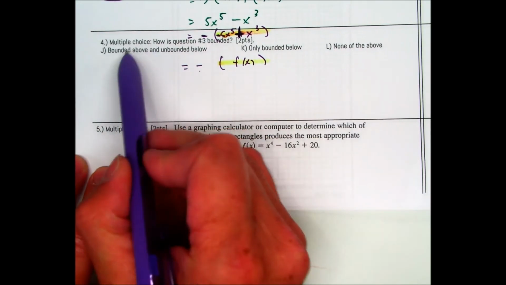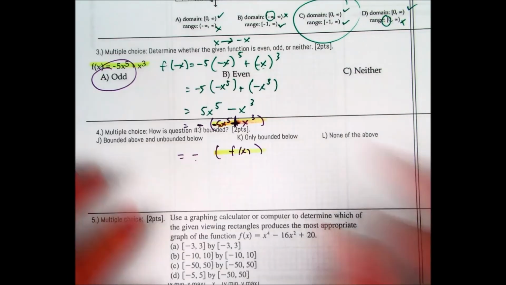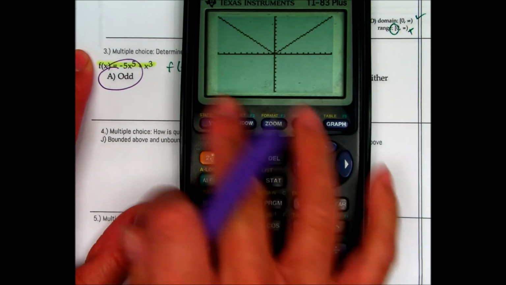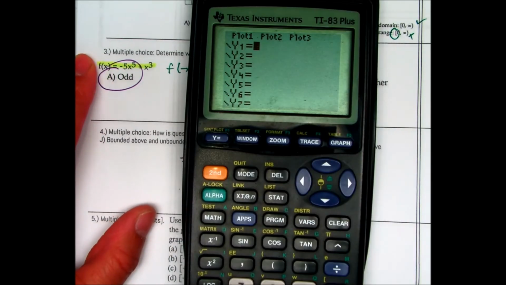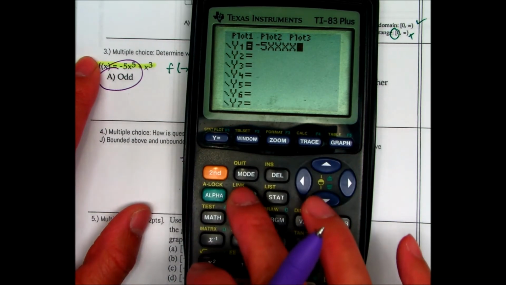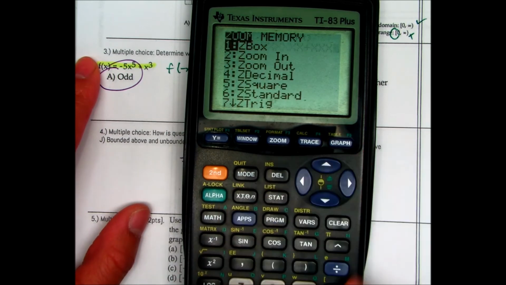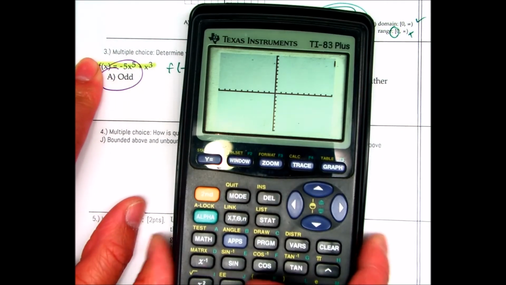Question number 4, how is question number 3 bounded? So if you look at question number 3, put this into our graphing calculator: negative 5x to the 5th plus x to the 3rd, zoom 6. Let's take a look at this graph.